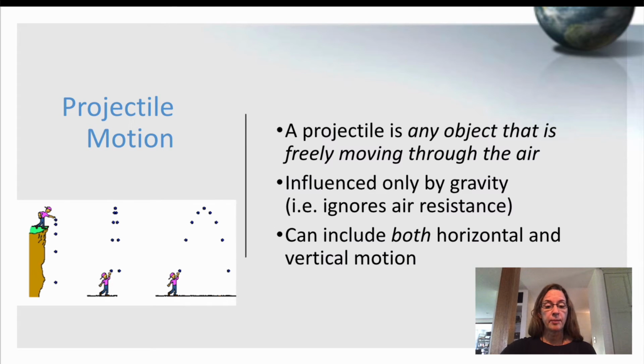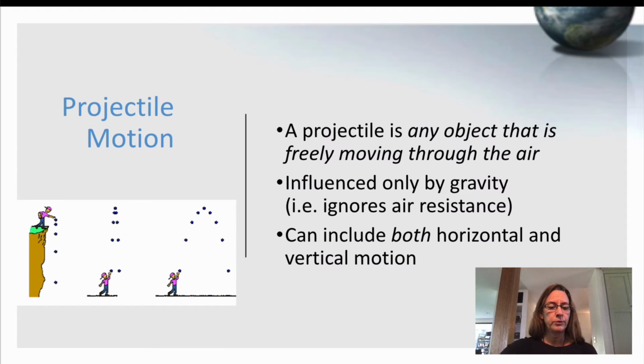These include objects like balls that are being pitched or thrown or dropped or tossed up in the air. It includes bullets and arrows, things with minimal air resistance. But it doesn't include things like parachutes and frisbees that have a significant amount of air resistance. And it also doesn't include objects that are powered, like rockets or airplanes.